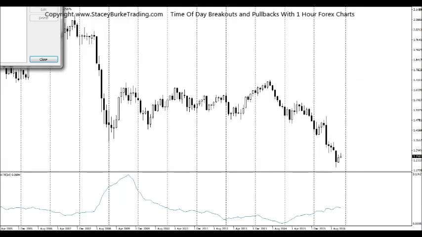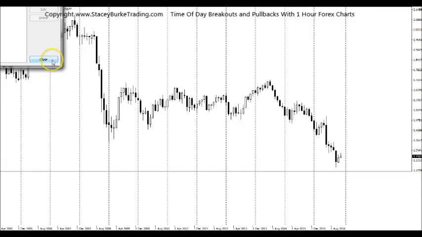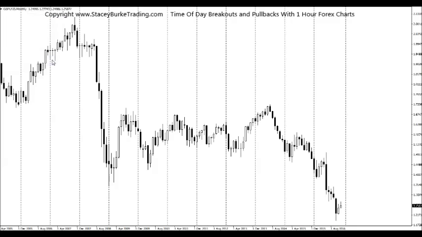So we know that when the market moves month per month, the average range right now is anything from 500 to 600 pips.